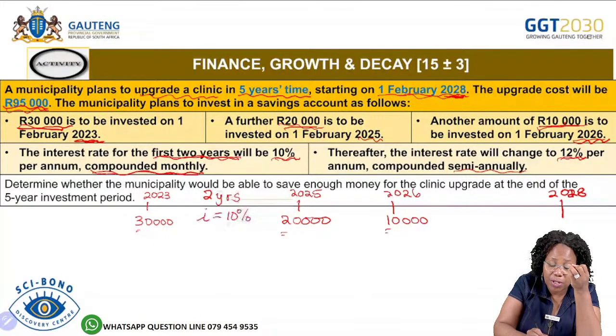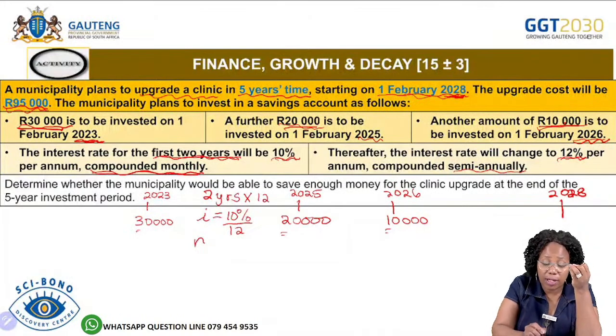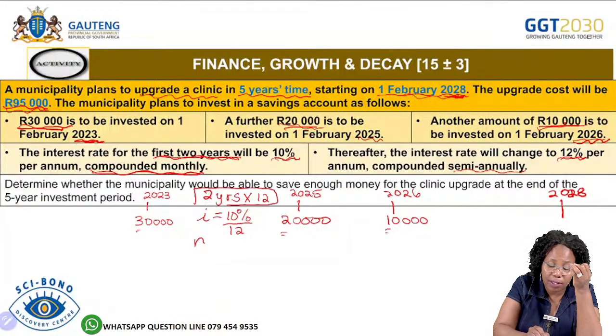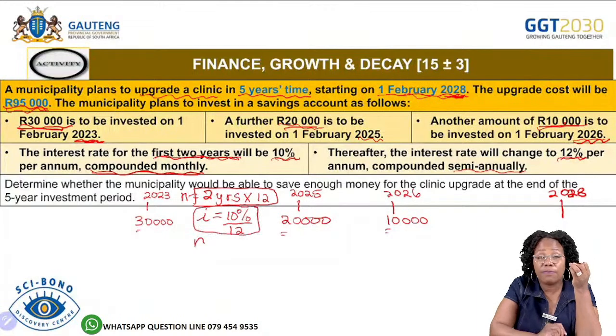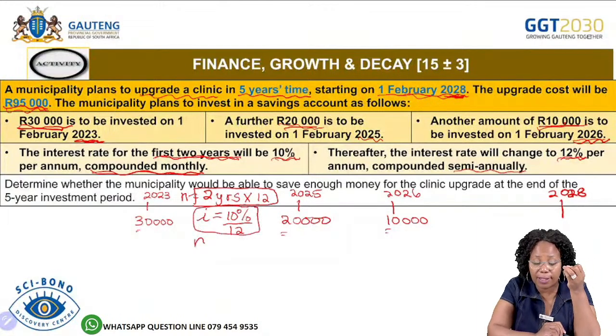That means it will be divided by 12 because it's compounded monthly. Remember, when you are compounding there, n will also be affected. Now it will be times 12 also there. Okay, so we are relying on that for the n value, and then for the i value we have this i here for the first 2 years. I hope we are still together.